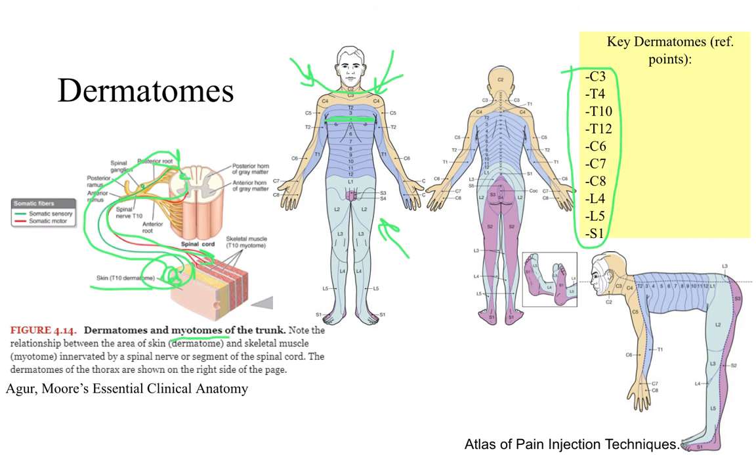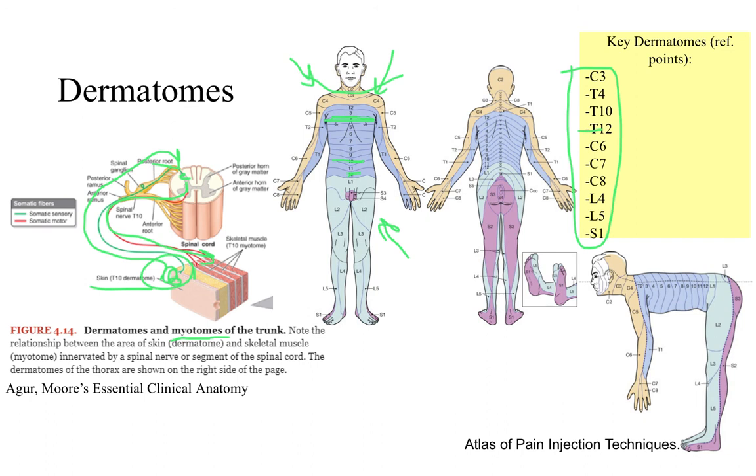You've got the T4 spinal nerve coming to that area, or the nerve endings from the area going to the T4 spinal nerve. T10, which is your umbilicus. T12, which is your inguinal region. So T12 right here, inguinal.